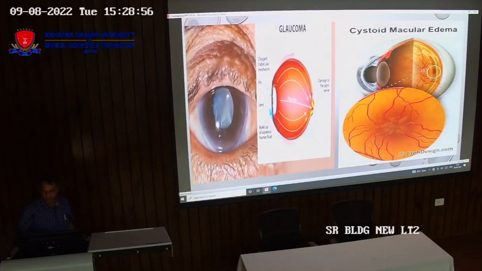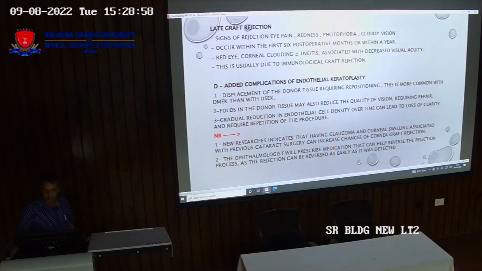So, secondary glaucoma, cystoid macular edema. In late graft rejection, signs of rejection are eye pain, redness, photophobia, cloudy vision. It occurs within the first 6 post-operative months or within a year. Red eye, corneal clouding, uveitis are the signs, and it is usually due to immunologically mediated graft rejection.